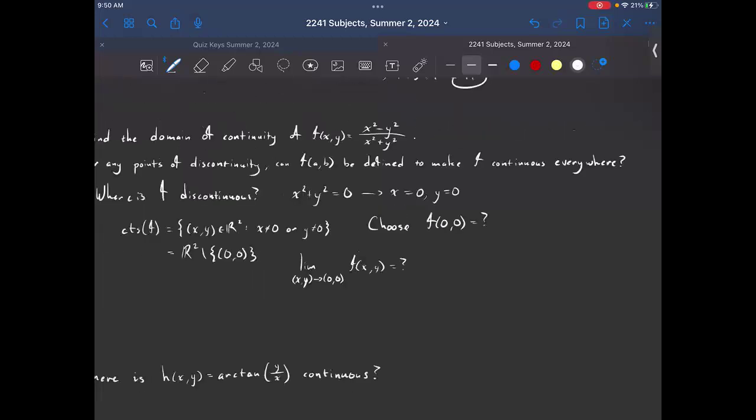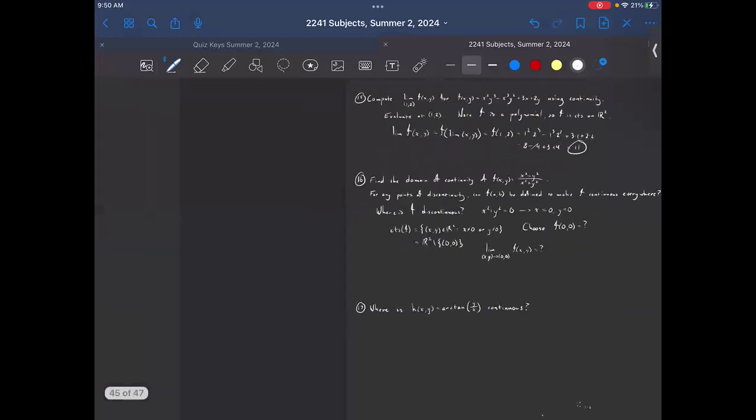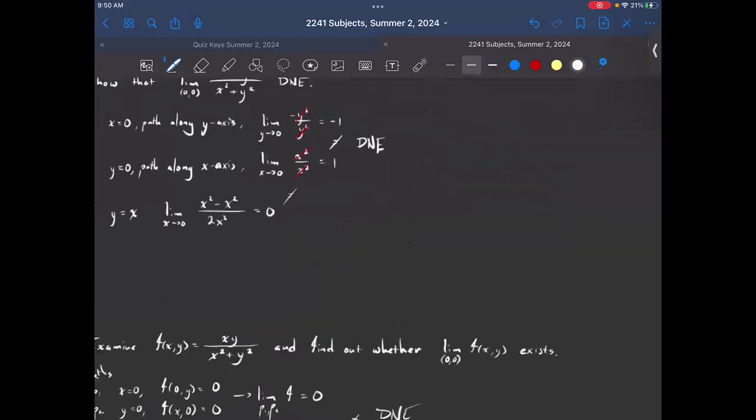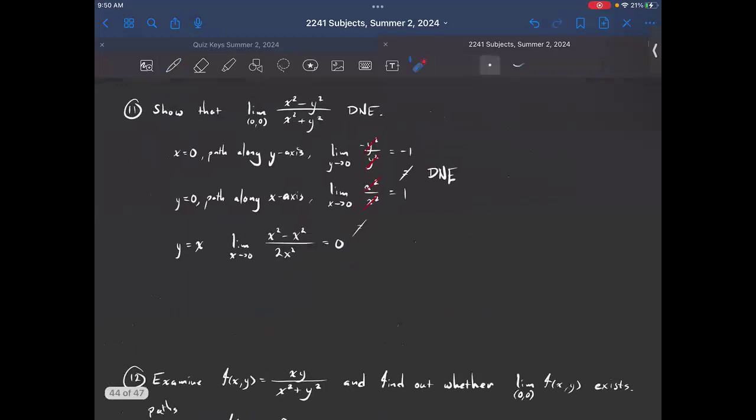Well, we looked at this problem on the previous page, right here, and we saw I get -1, 1, or 0, depending on how I approach the limit here.